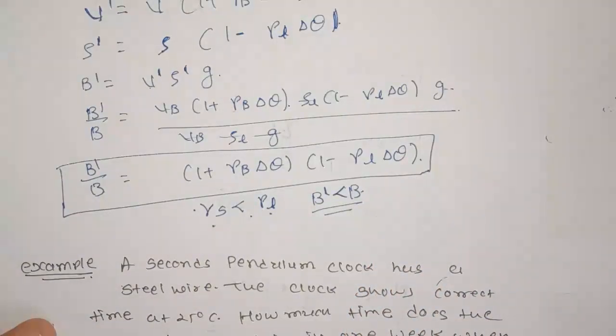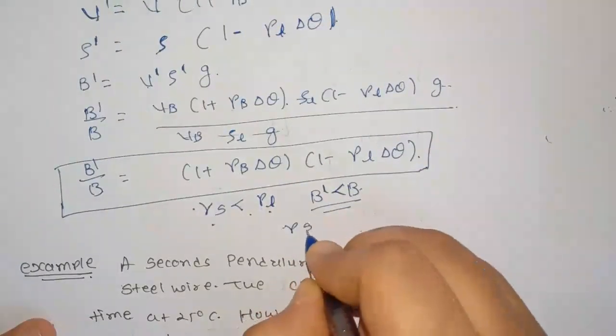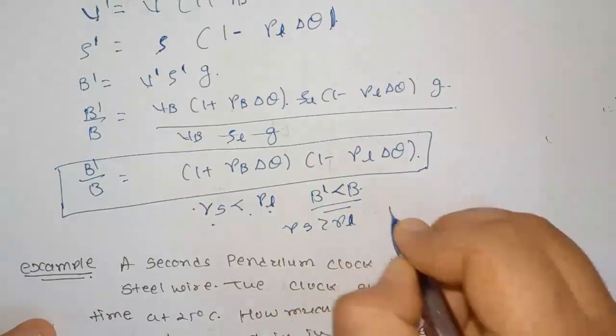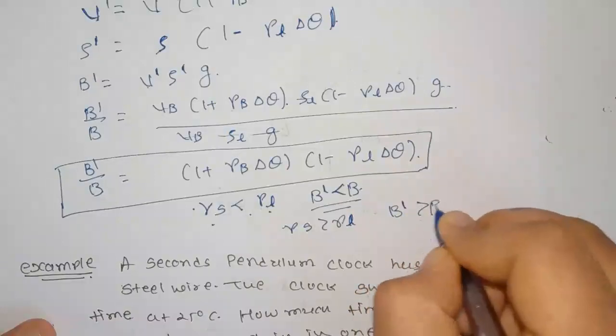And if gamma S is greater than gamma liquid, then B dash will be greater than B.